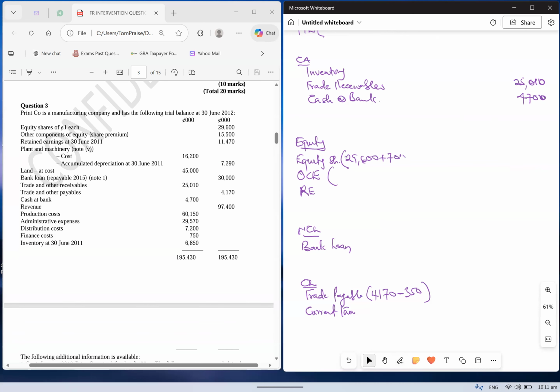Share premium, you have 15,500 plus 7,000. All right. So you can get that figure. Retained earnings already, the beginning one is 11,470. So we will find our profit and come and add to that.